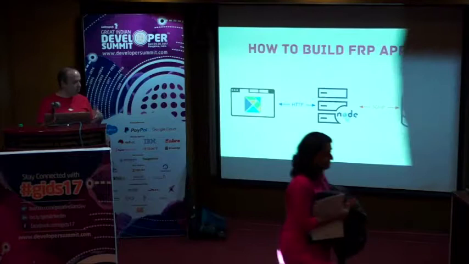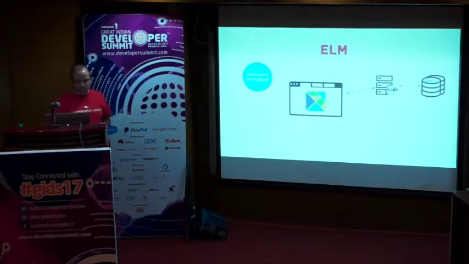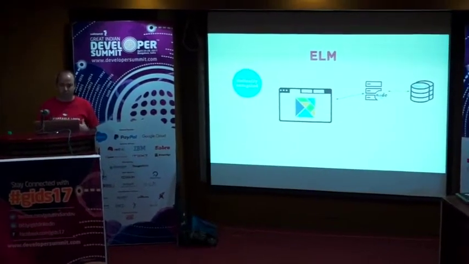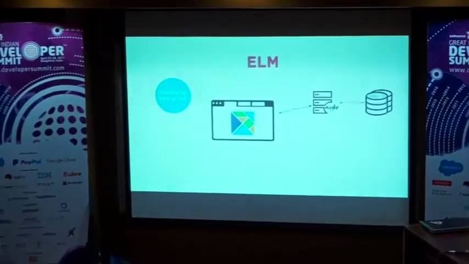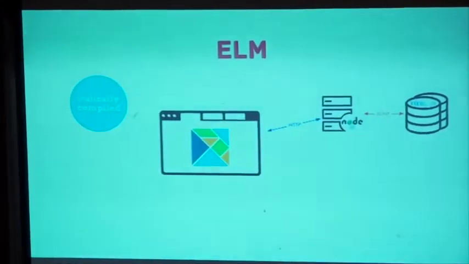So let's look at each of the layers independently so you get a bit of a better understanding of how it all works. On the first part, we've got Elm. Elm is essentially a statically typed language for building user interfaces. Why do I talk about Elm today?